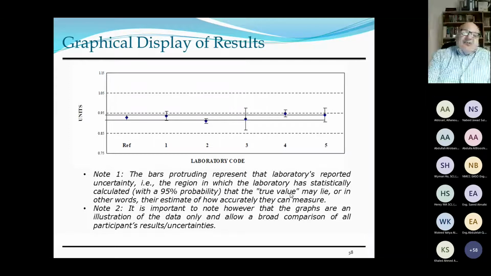Okay, so those show us the interval within which the actual true value might be expected to lie. And the two solid lines show the uncertainty of the reference value, really.